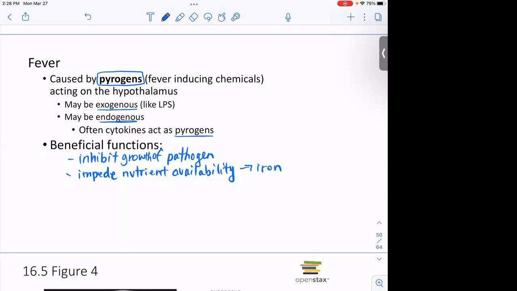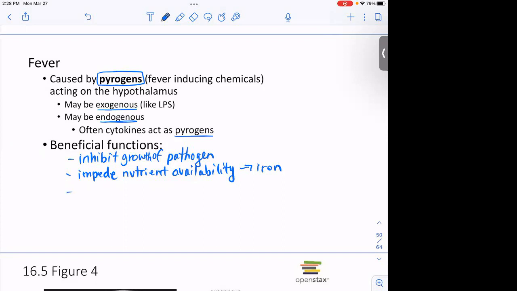Iron is often a limiting nutrient for bacteria. If our cells can sequester any available iron, then potentially that could inhibit the growth of some bacterial pathogens. Those two effects are probably minimal.